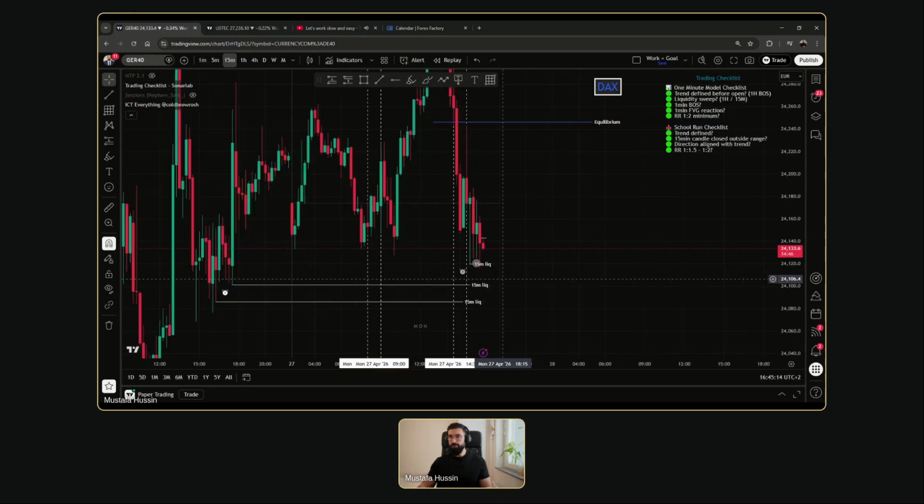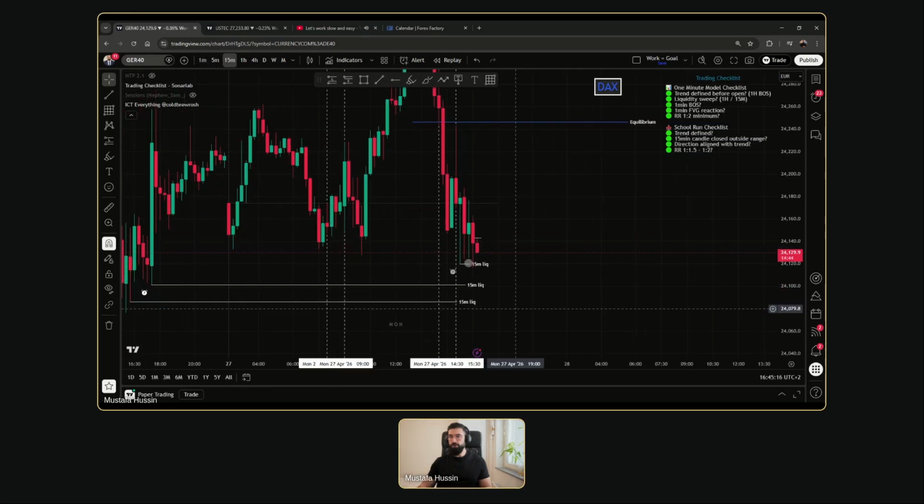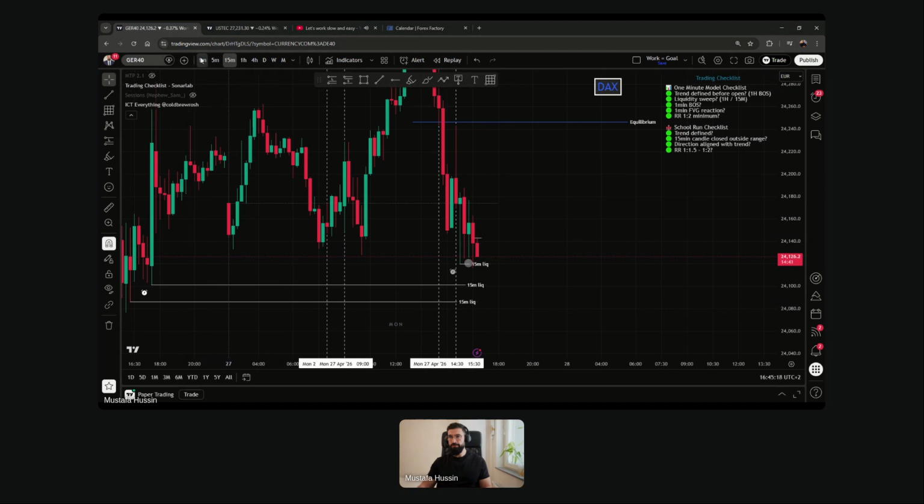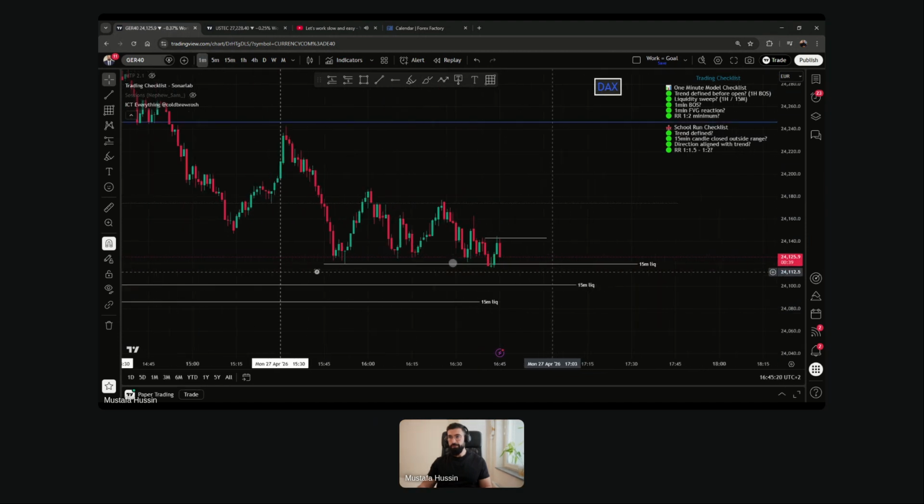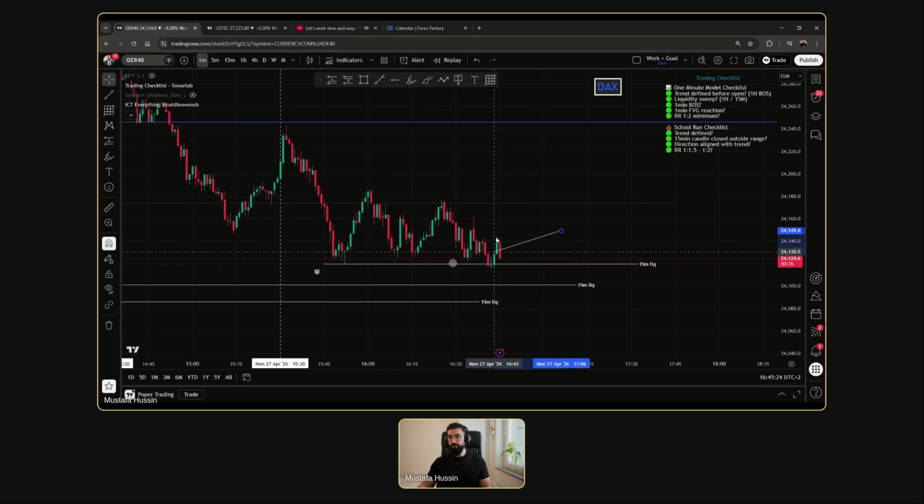This might create a lower high and then continue to the downside. If it gives me a reaction to the upside on the fair value gap right here, that's a good thing.